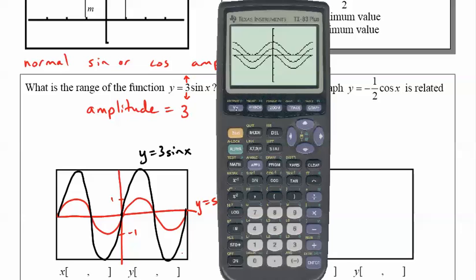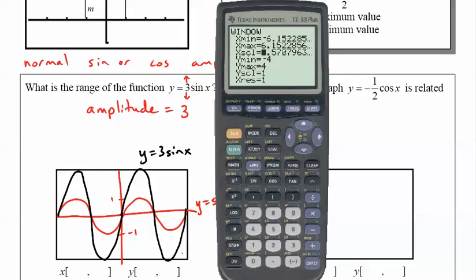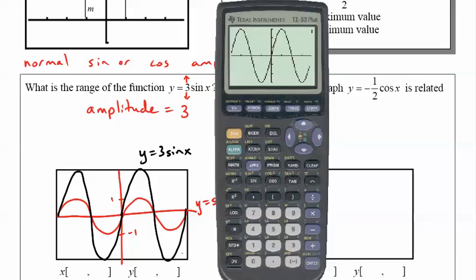And let's just confirm that. Three sine x. I'm going to change my window so that it matches my picture from negative 3 to 3. Whee! That's a better roller coaster than the sine function.